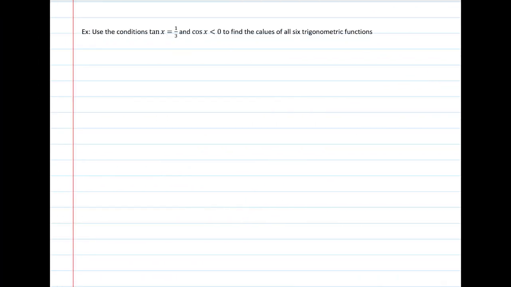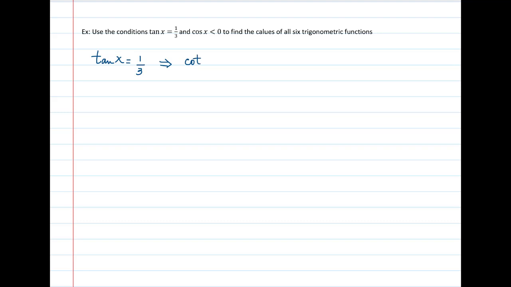Here we have an example of how we can use our fundamental identities to evaluate trigonometric functions. So we have tangent of x is equal to 1/3, and we're given the cosine of x is less than 0. In previous sections, we would have done this with right triangle trigonometry, but now we can use our identities to come up with the remaining trigonometric functions.